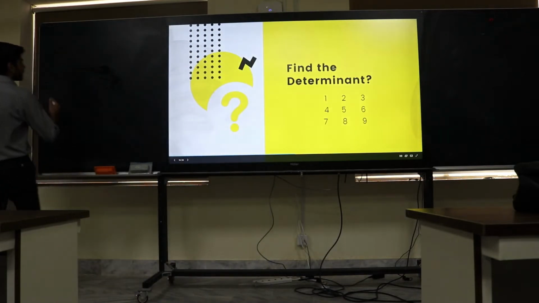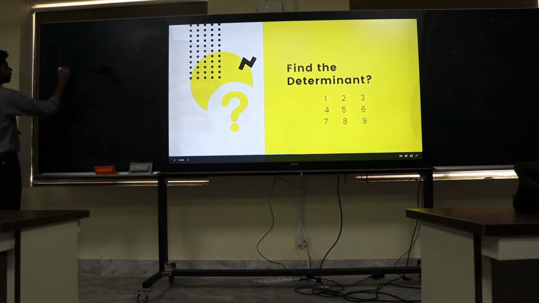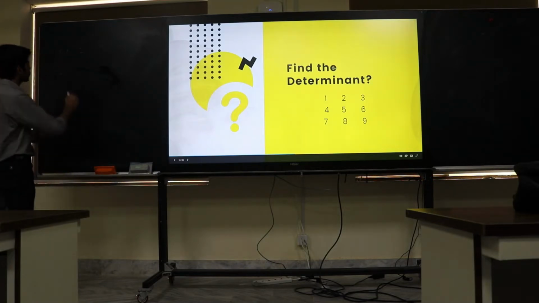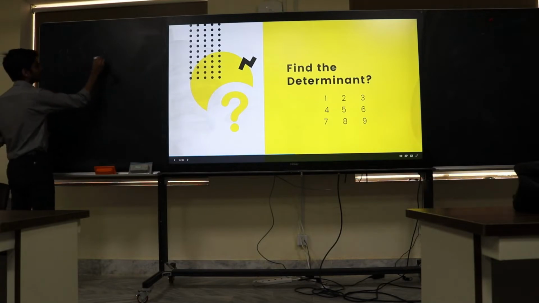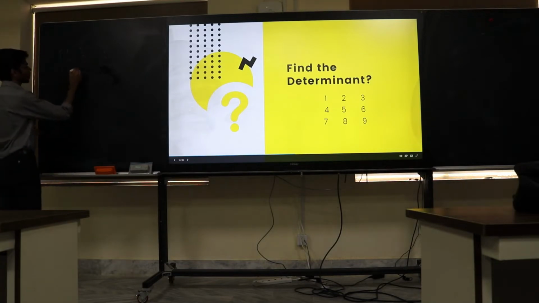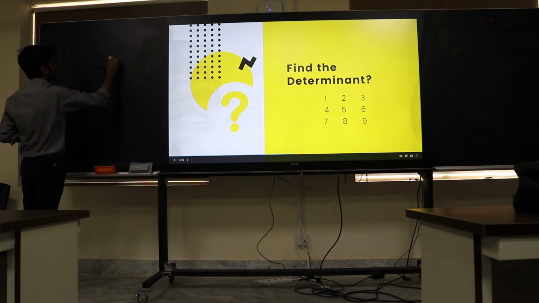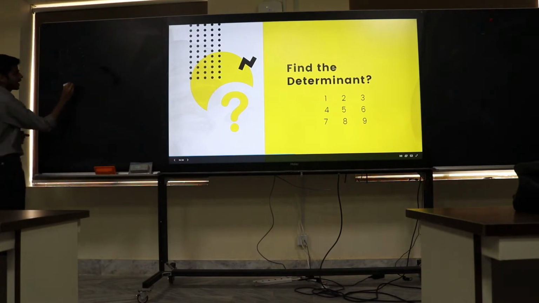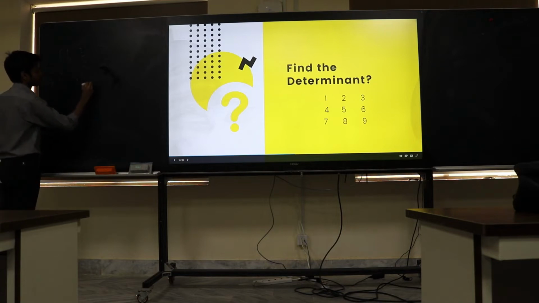So we will calculate the determinant of this matrix. Let's suppose we can say that this matrix is equal to A. We have denoted this matrix with A.